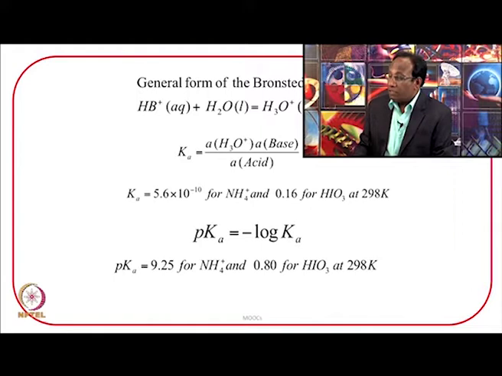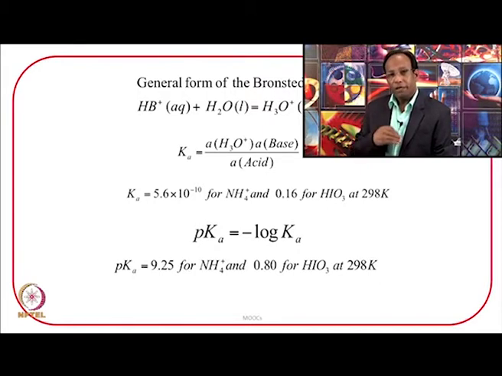So, we can make a general statement here. If pKa is very high, the corresponding Ka is going to be small. In other words, if pKa is very high or Ka is very small, it is a poor proton donor.